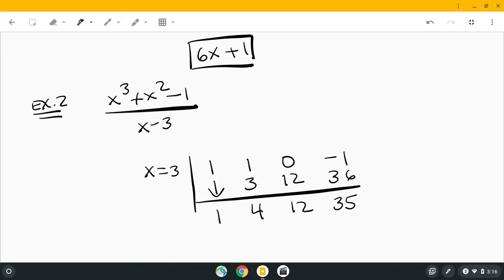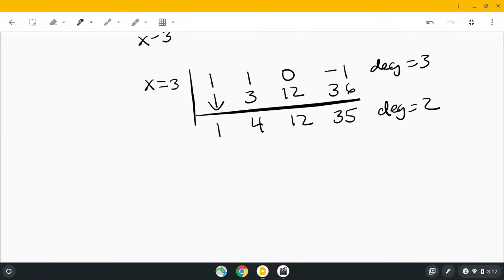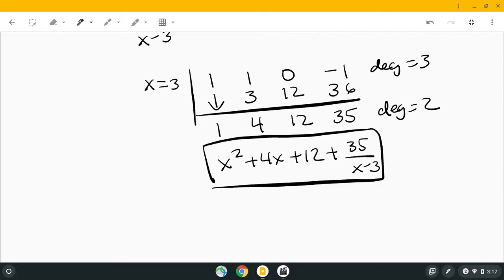And this was a degree 3. So this one will be a degree 2. So our answer is 1x squared plus 4x plus 12. And then that's our remainder. So plus 35 over x minus 3. Do you see how that's working?